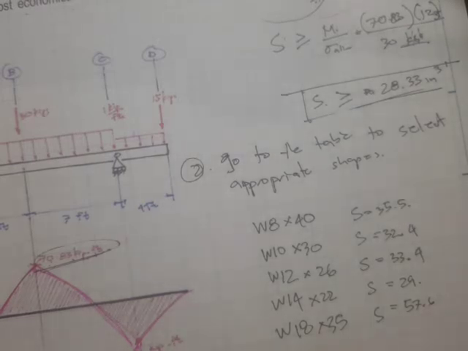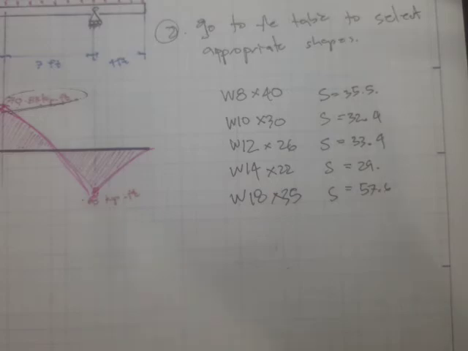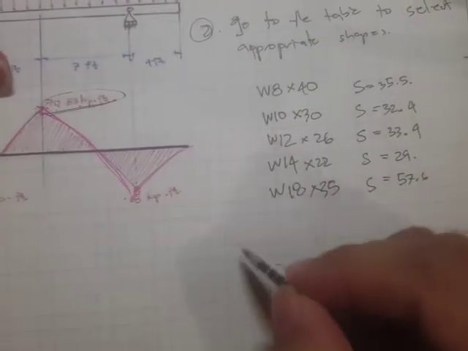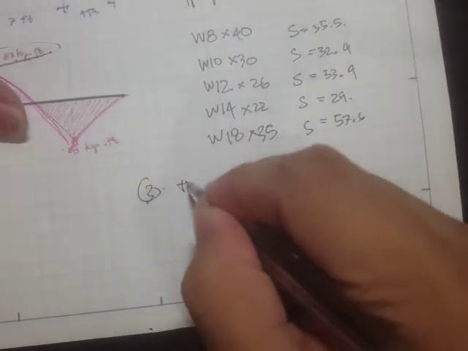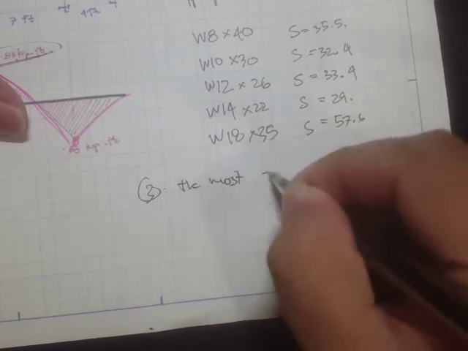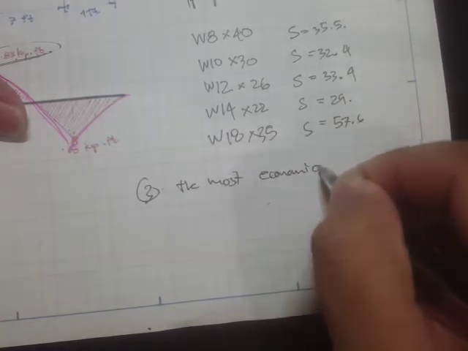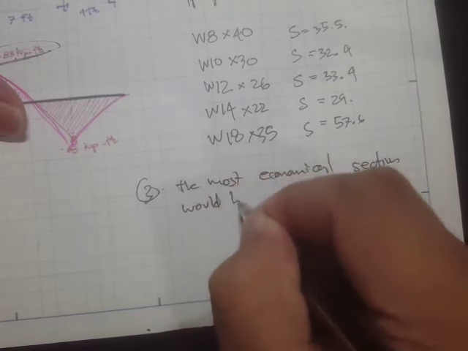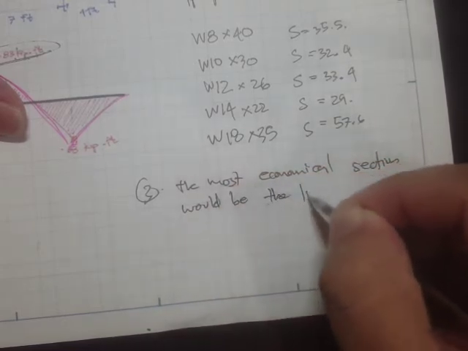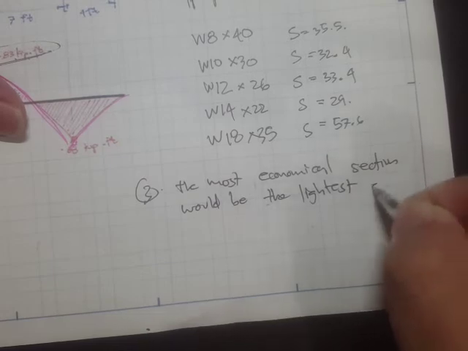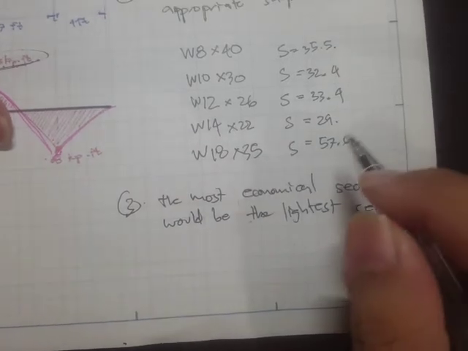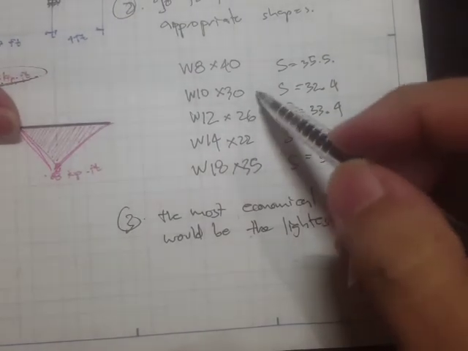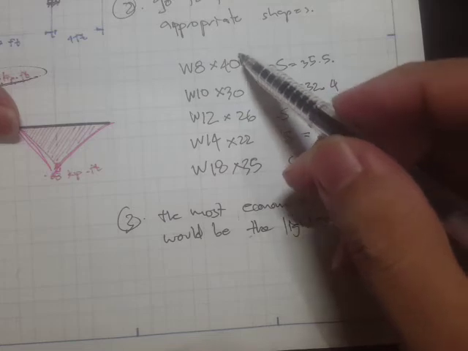So the most economical section would be, and let's write here, the most economical section would be the lightest section. When we say lightest section, that corresponds to the mass of the section.